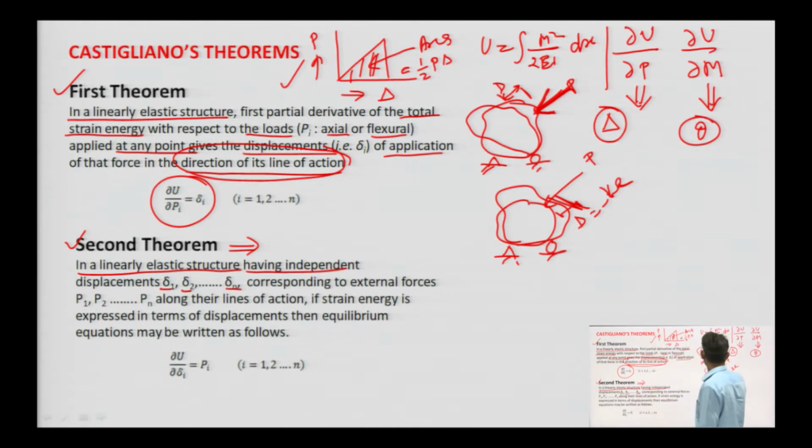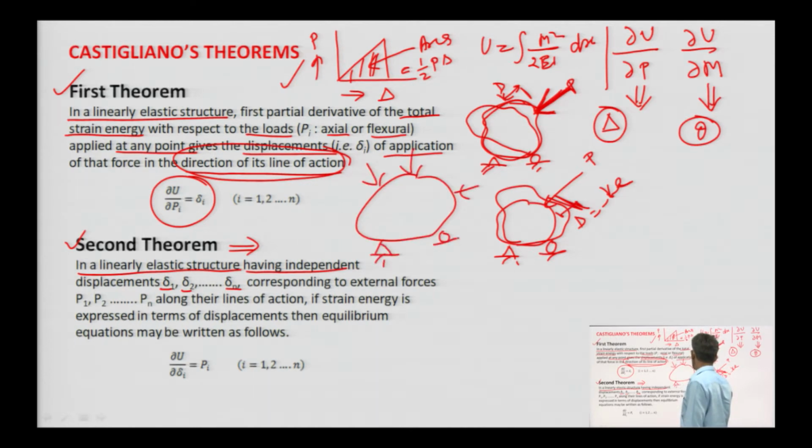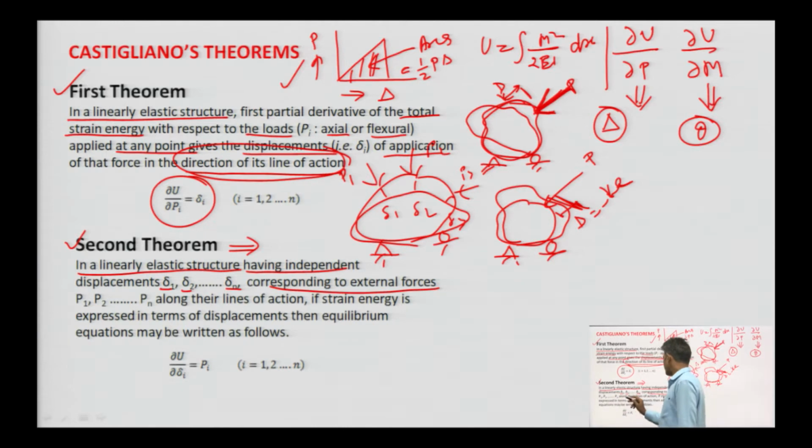Suppose this is the system and many forces are acting, P 1, P 2, P 3, and the displacements are delta 1, delta 2, delta 3 and so on, corresponding to the external forces P 1, P 2, P 3 along their lines of action.